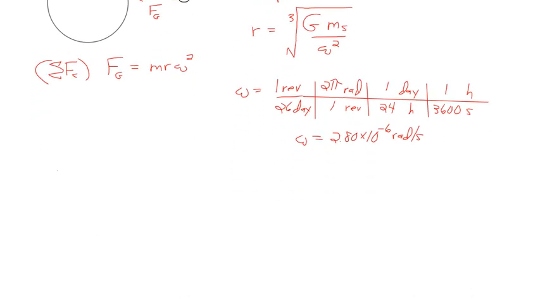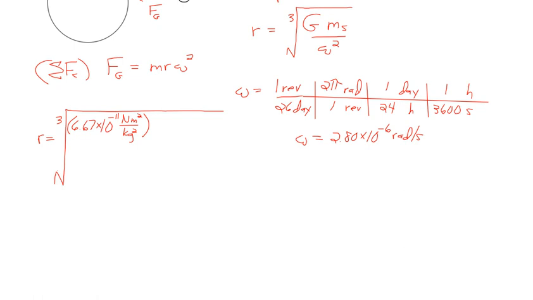So I'm going to have R equals the cube root of G. G is the universal gravitation constant, 6.67 times 10 to the negative 11 newton meters squared per kilogram squared. So that's on your formula fact sheet.